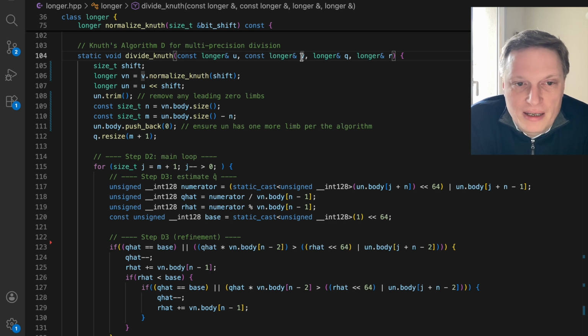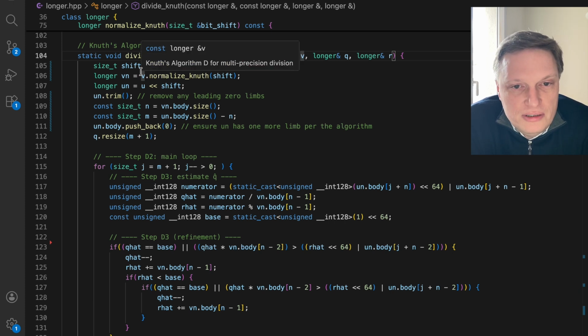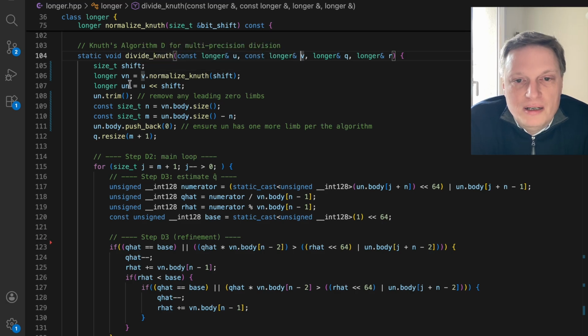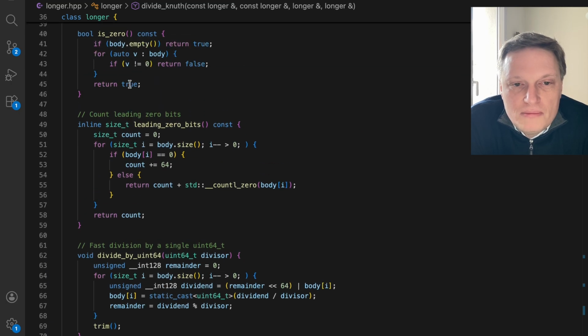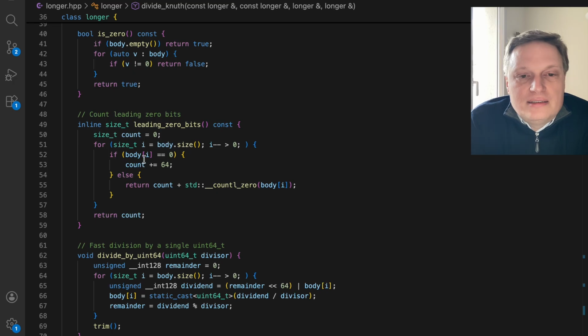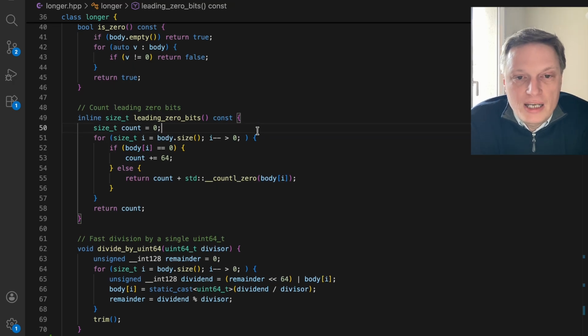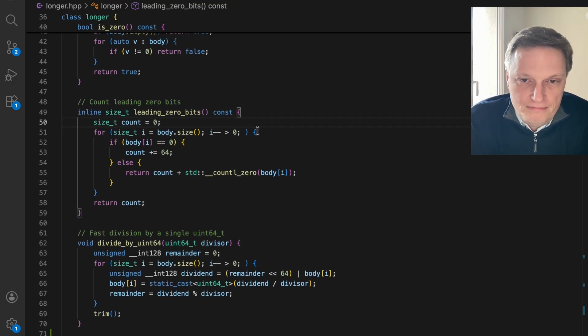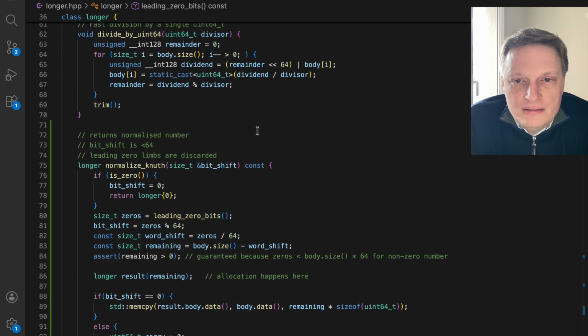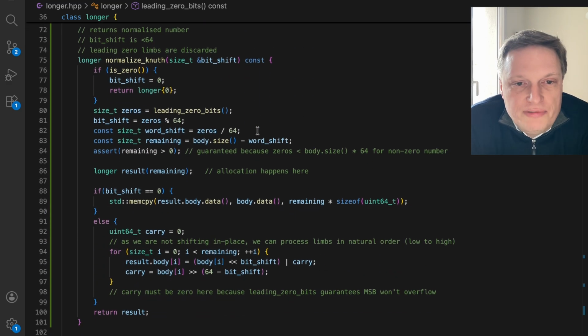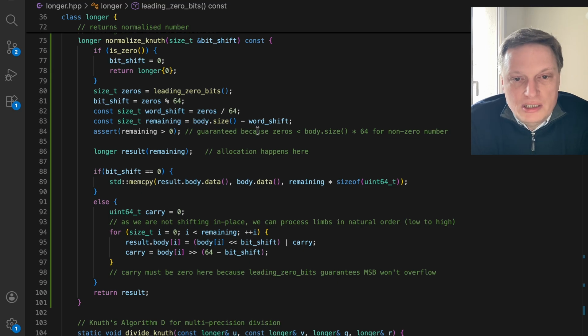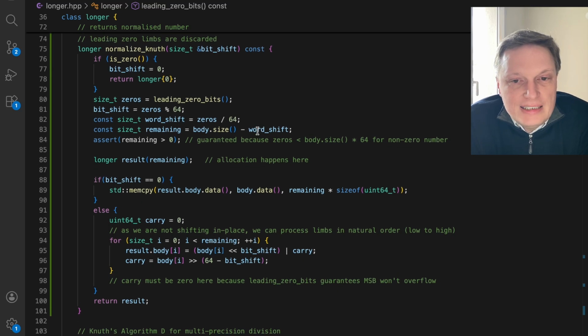If I used my existing utility functions, I would trim the leading limbs, get the number of leading zeros, which is now strictly less than 64, and shift left. I rather decided to write a purpose-built normalize function, which is more efficient as it allocates only once and does only what it needs to do.